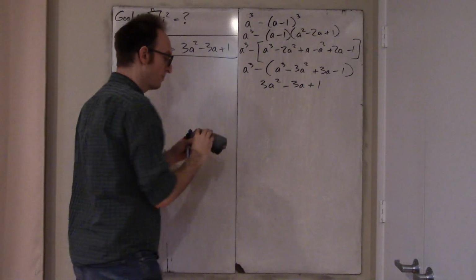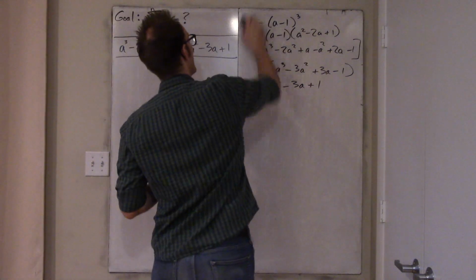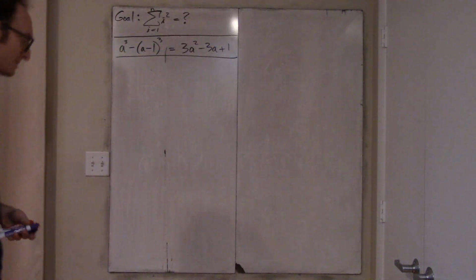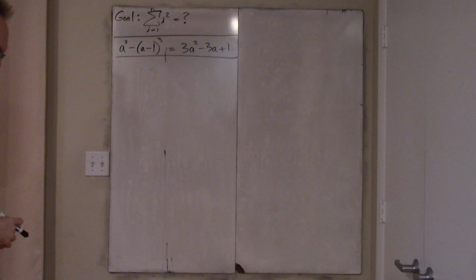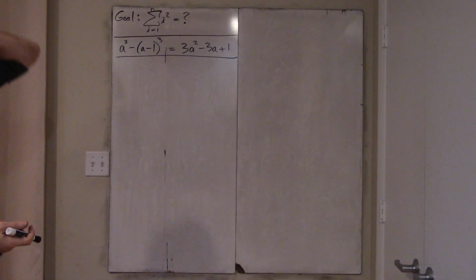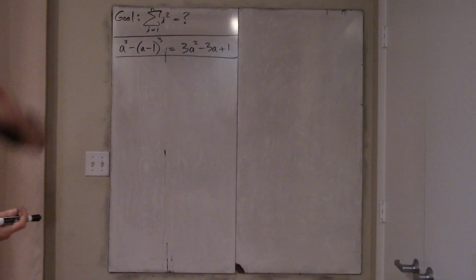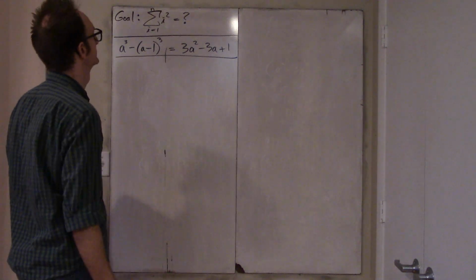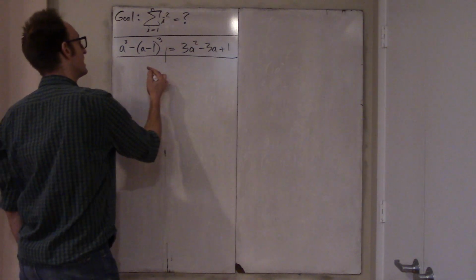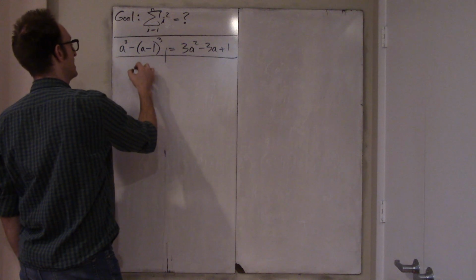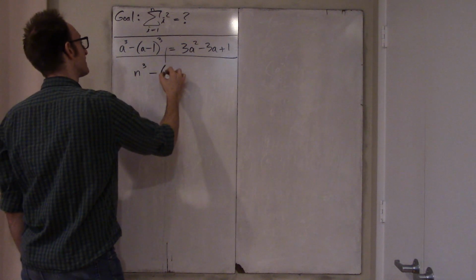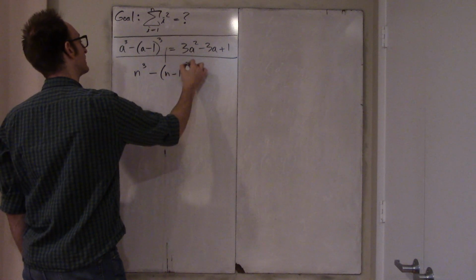Okay, without any more build-up, let's now discover the formula for the sum of the squares. Here's what we're going to do: we are going to look at differences of cubes. Let's take n cubed minus n minus 1 cubed.